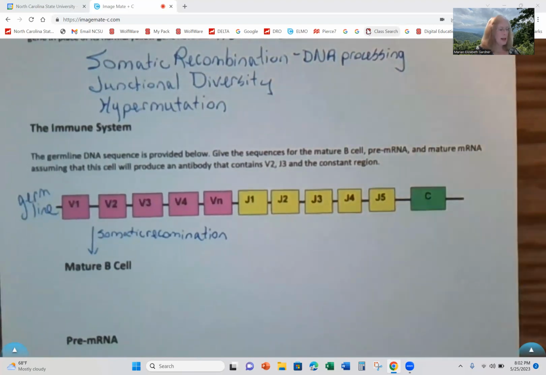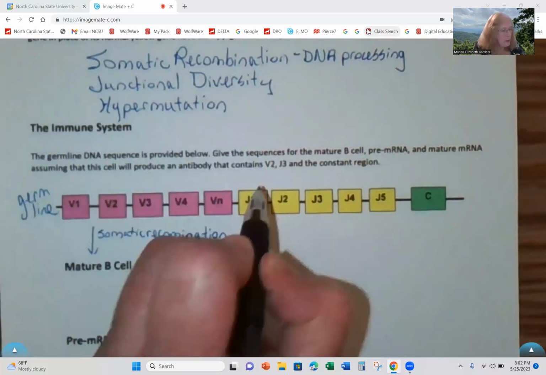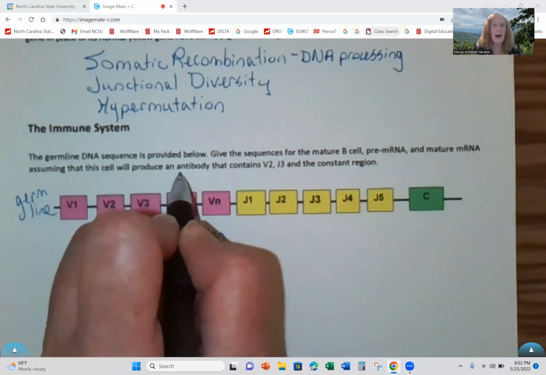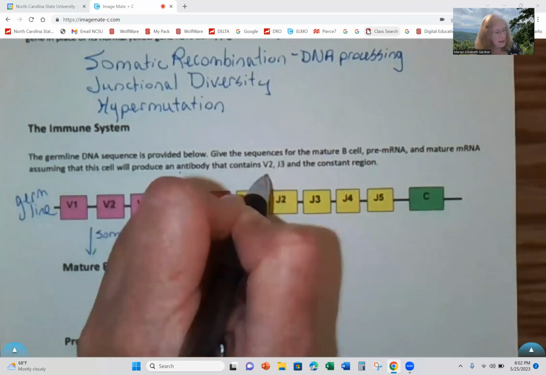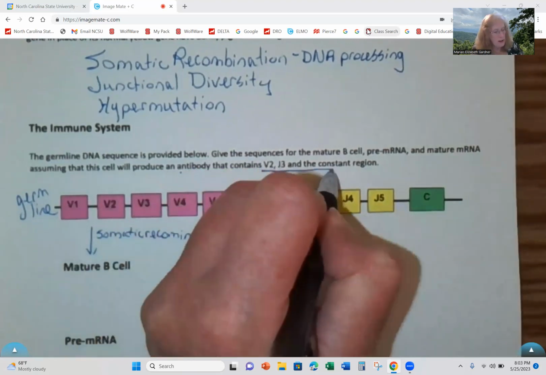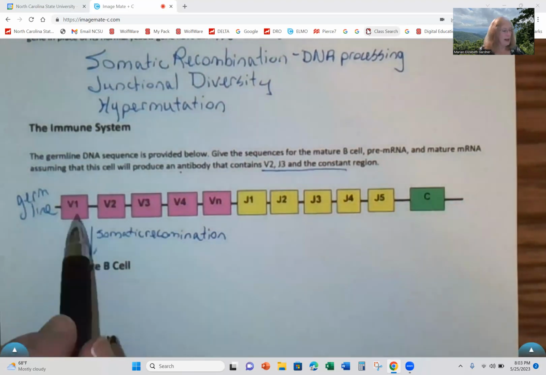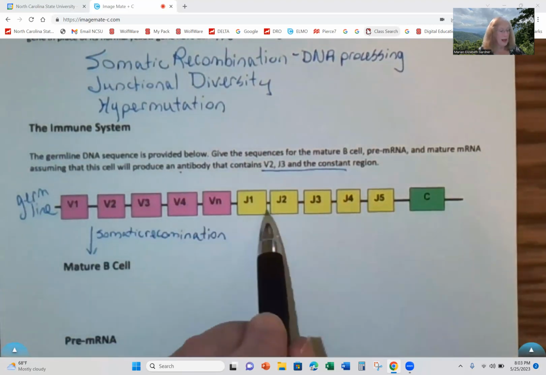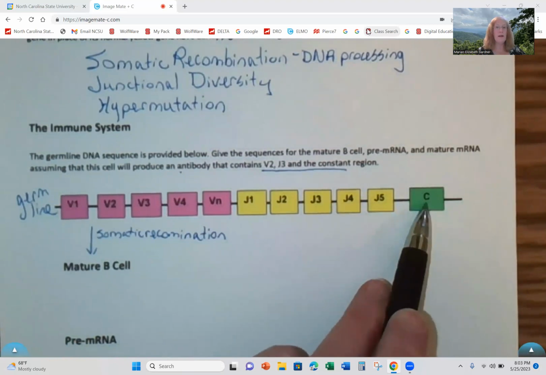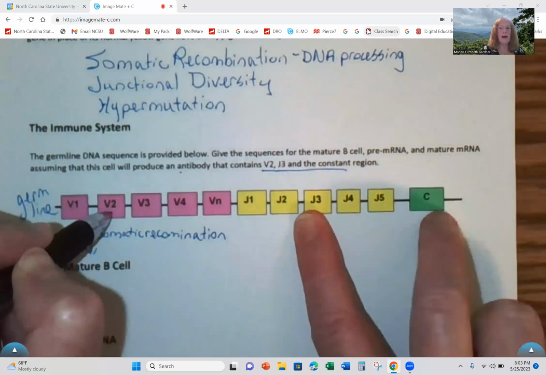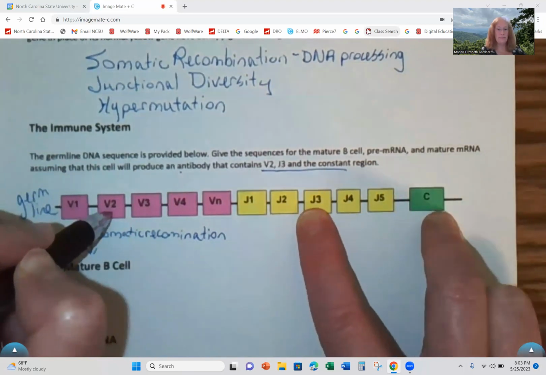Well, let's take a look at this problem. In this problem, it says that ultimately this sequence in this particular cell makes an antibody that has the V2, the J3, and the constant regions. And you notice we have a lot of variable regions, we have a lot of joining regions, and the constant. So at the end of the day, we want V2, J3, and the constant region, and that's it.